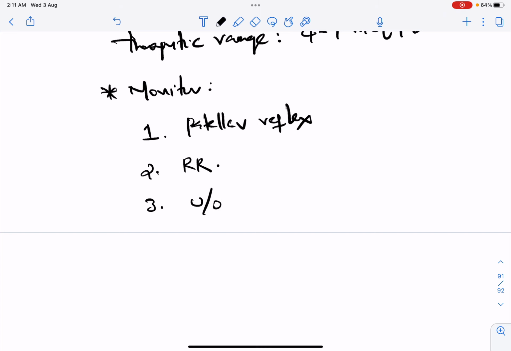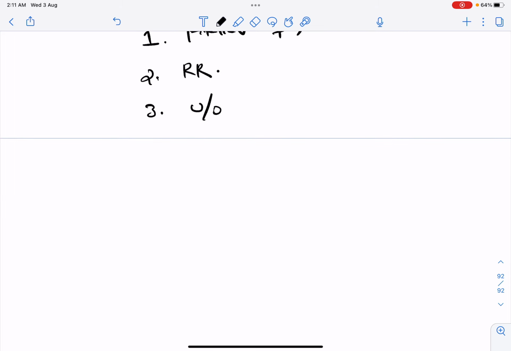In case of MgSO4 toxicity, the first thing to be lost is the patellar reflex. Usually the patellar reflex is lost at a concentration of 10 milliequivalent per liter. The therapeutic range is 4 to 7.